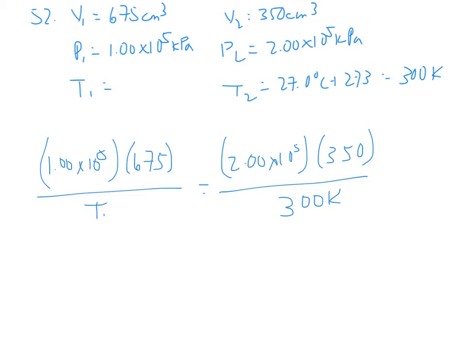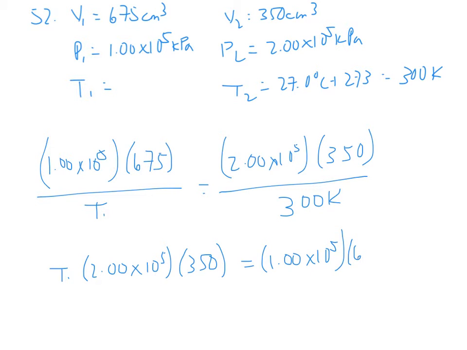So when I cross multiply and divide, I end up with T1 times 2 times 10 to the 5th times 350 equal to 1 times 10 to the 5th times 675 times the 300.